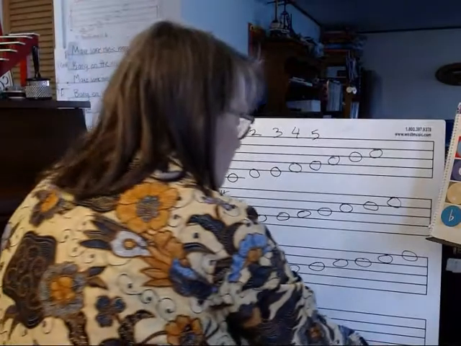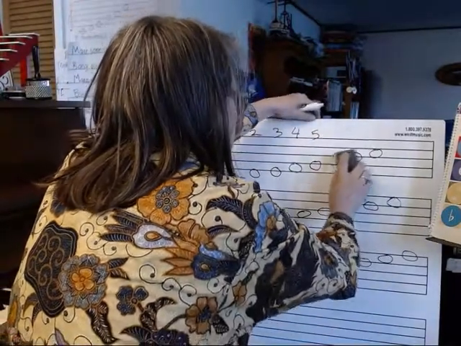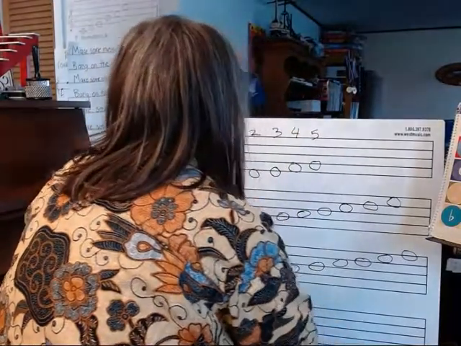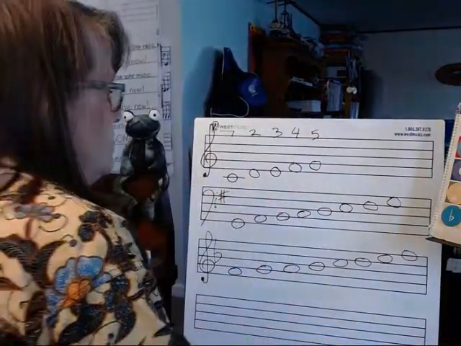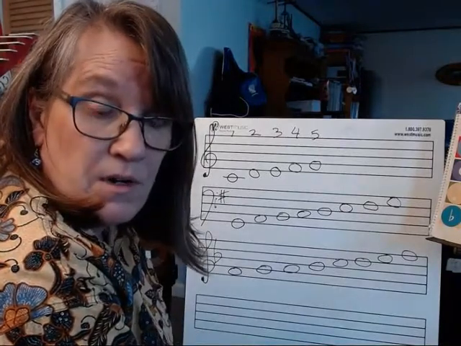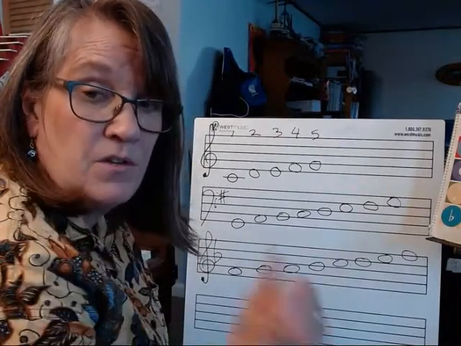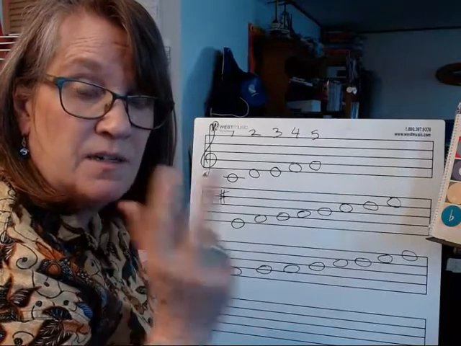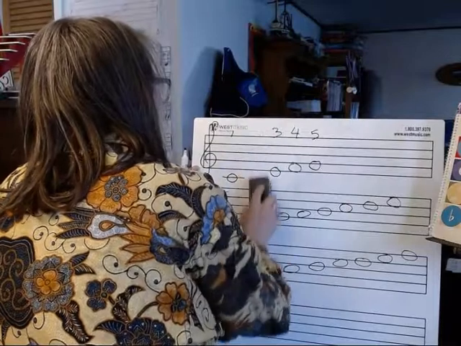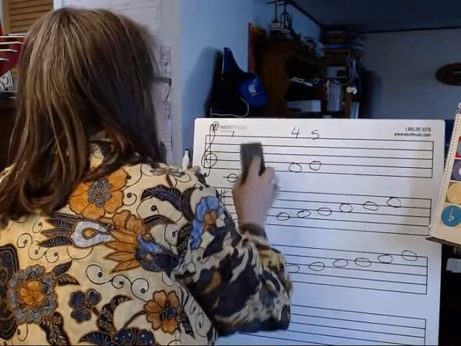That's the first thing to do. Then you don't need these. The next thing that you need to do is to erase 2 and 3 because they're not important. We just need the first, the subdominant, and the dominant. So we're just going to get rid of number 2 and number 3.